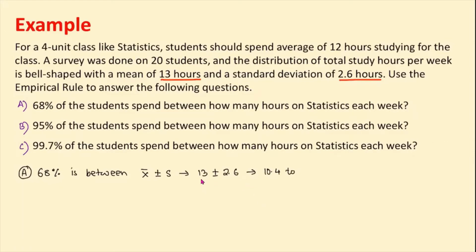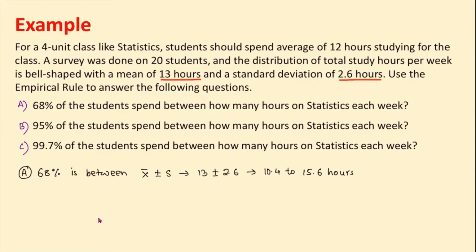Now 13 plus 2.6 is 15.6. So they spent between 10.4 and 15.6 hours, because 68% is about one standard deviation from the mean.